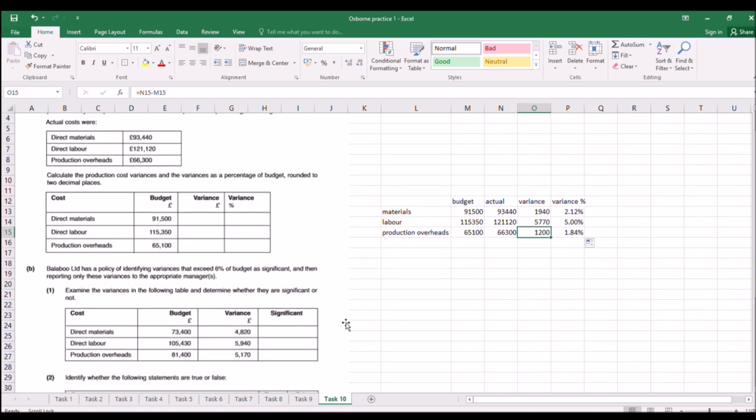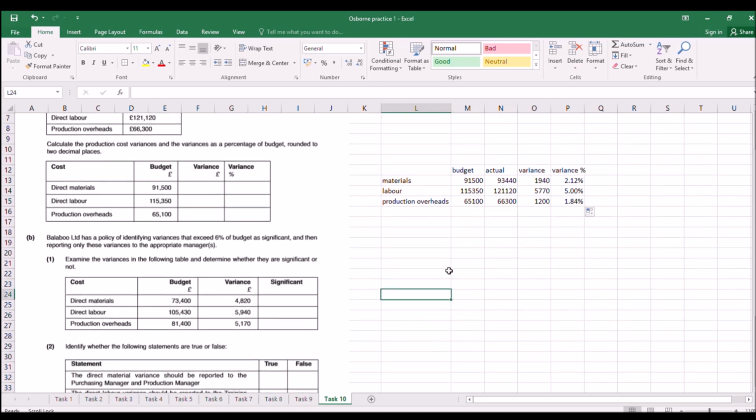Right. Malibu Limited has a policy of identifying variances that exceed 6% of budget as a significance, and then reporting only those variances to the appropriate managers. Okay. So we're going to do this exercise again here.